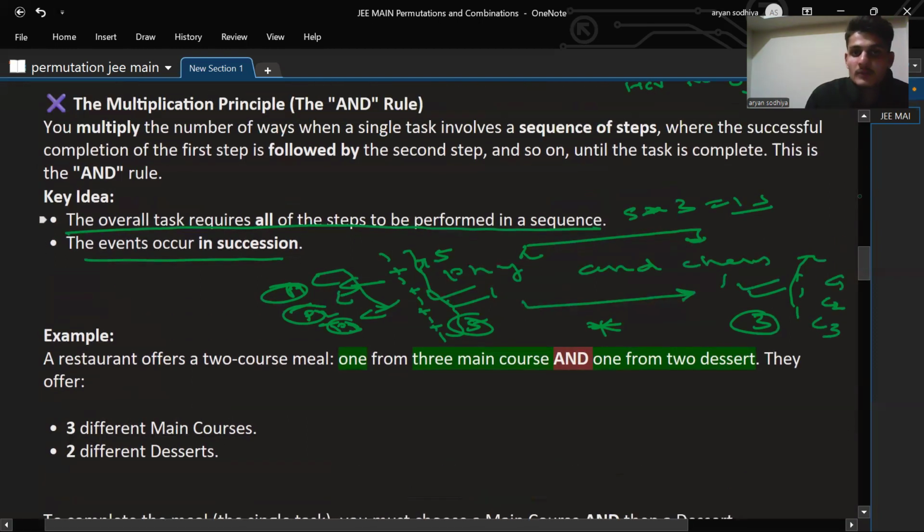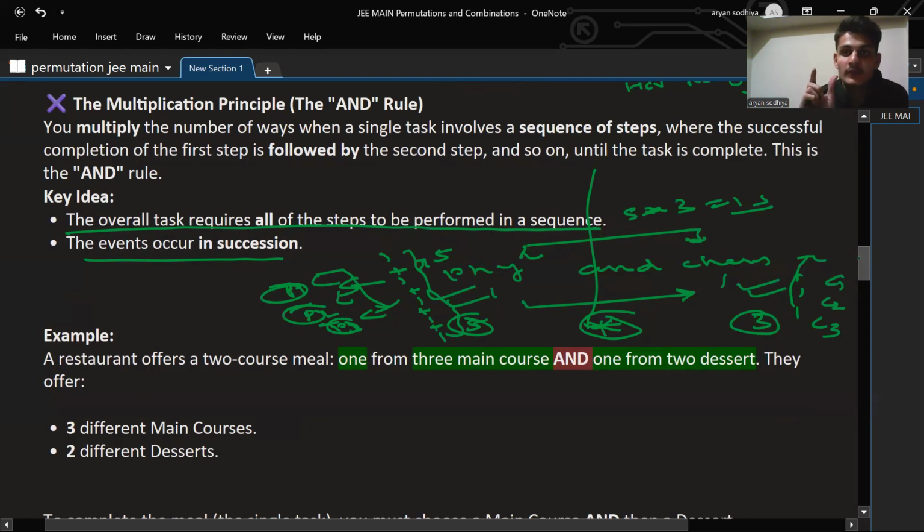All of the steps are to be performed. Like if there is only one step, the multiplication rule is not applicable. If you need to select one physics book among five physics books, there is no need of multiplication here. You will add 1 plus 1 plus 1 plus 1 plus 1, five times. 5 is the answer of selecting one physics book among five. But if you need to select one chemistry book also, then and is coming now.